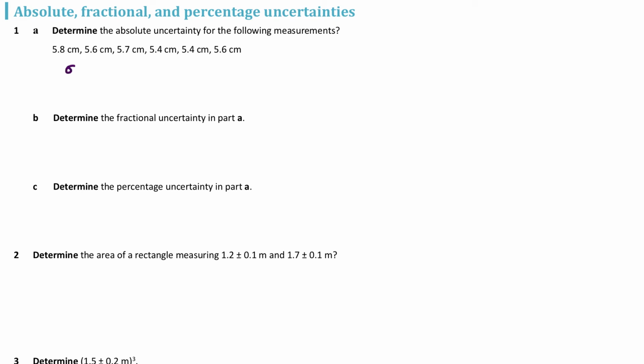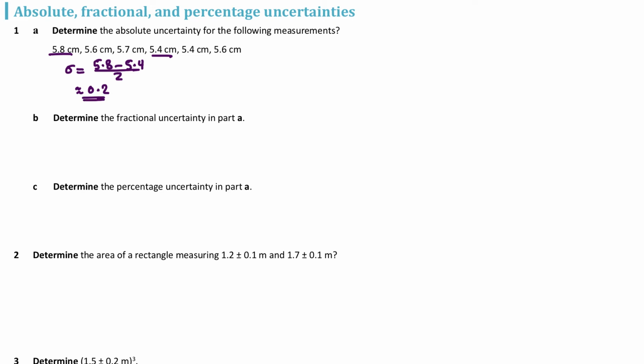Absolute uncertainty would equal my max value, 5.8 here, minus my min value, which is 5.4, and I'm going to divide it by 2. In this case, I will get 0.4 divided by 2, which would be 0.2, and that is my absolute uncertainty.